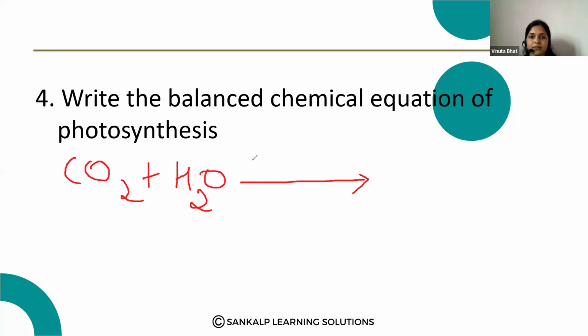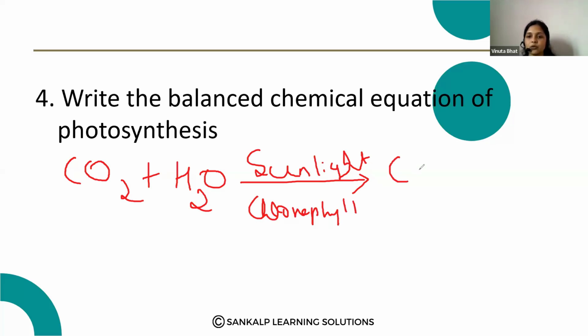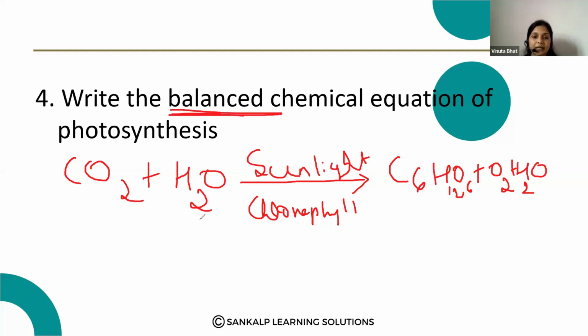Then in the presence of sunlight and chlorophyll, it produces glucose, that is C6H12O6, plus oxygen plus water. But it is not a balanced chemical equation. So you should write the balanced chemical equation. So you have to balance here.